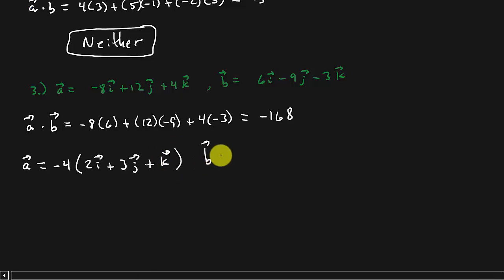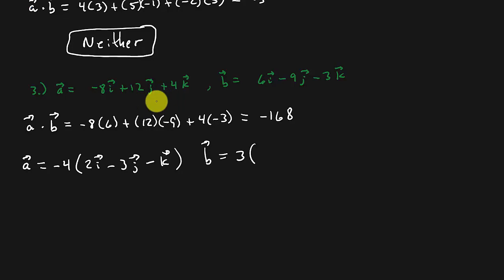And then for vector B, can I factor something out? Yeah, I can factor out a 3. Well, I'm sorry, that's not plus, is it? I just sat there and talked about changing the signs, and I put plus anyway. Those should be minuses. It changes the sign. And that just goes to show you, pay attention to what you're doing.